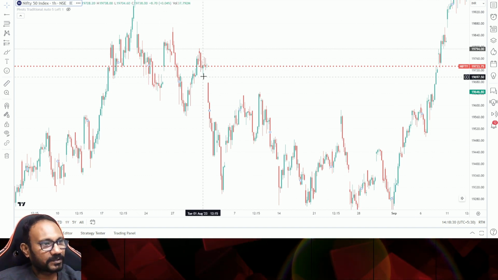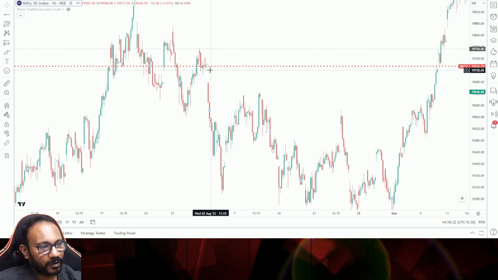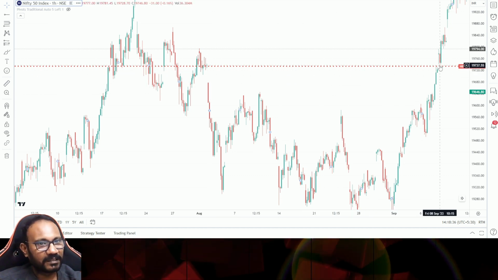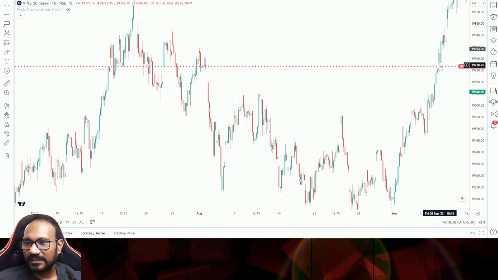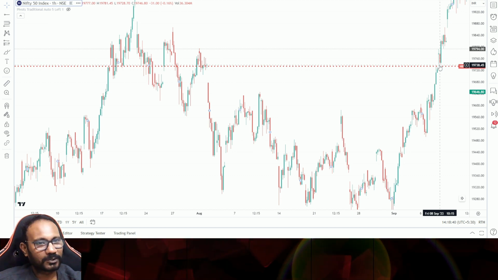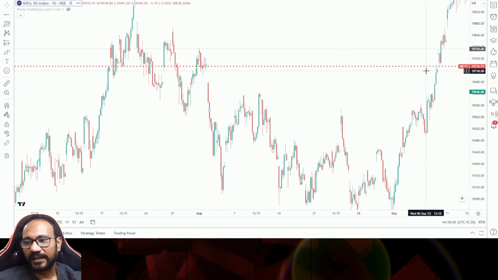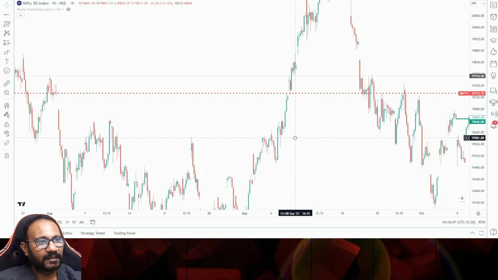So for this gap, you see it happened on August 2nd, and now you see how it got filled on September 8th. It took almost 1 month for the market to come back to the same level and fill that gap, right? So gaps actually reveal a lot of details.